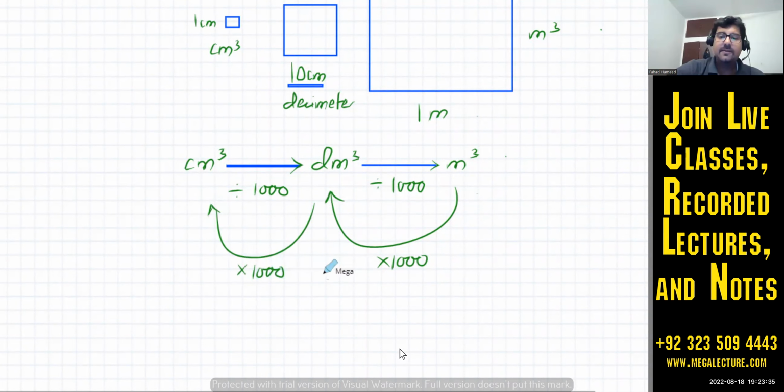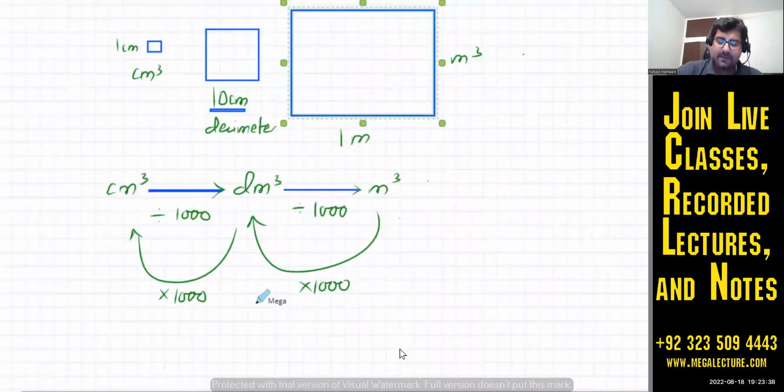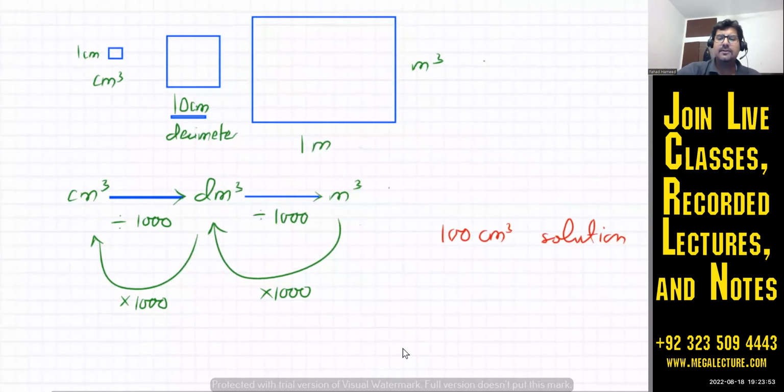So for example, I've got a solution, and they told me that there's a 100 cm cube solution. So what is the same volume in decimeter cube? How much decimeter cube do I have? To convert centimeter cube into decimeter cube, what do I need to do?